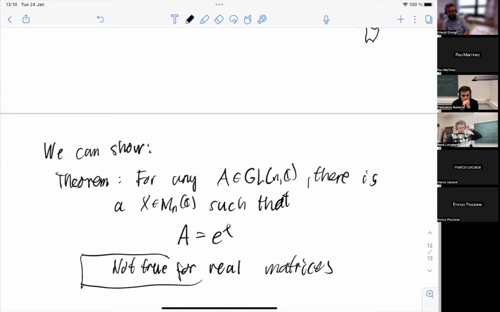So if you have a complex matrix, then you can always write it as the exponential of some other matrix. It's not unique, but you can always do it. Whereas for a real matrix, you can always write it as the image of a complex matrix, but not necessarily as the image of a real matrix.